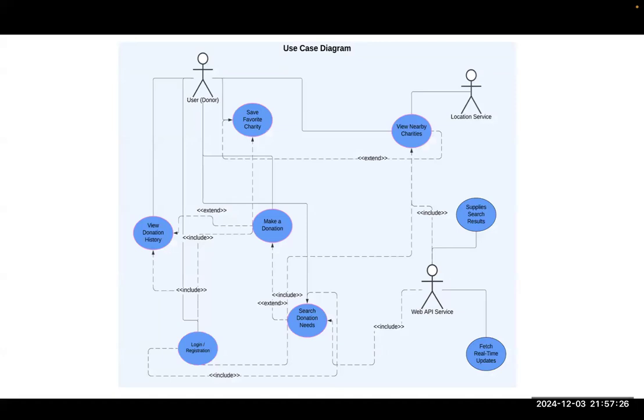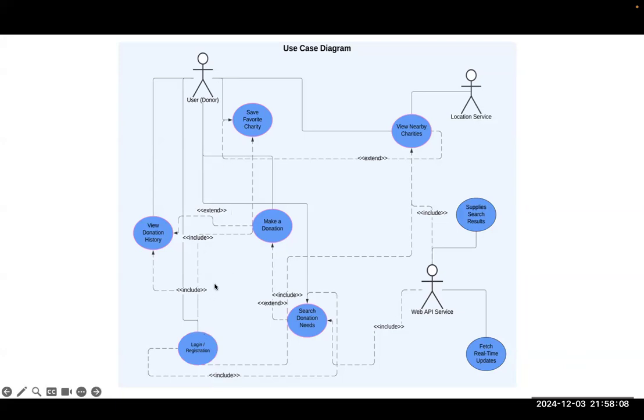With the use case diagram, you can see there are three actors: the user, which is the donor, the location service, and the web API service. First I'll talk about the user. The user is the primary actor in this case, and can view the donation history, view nearby charities, search for donation needs, save favorite charities, and so on.